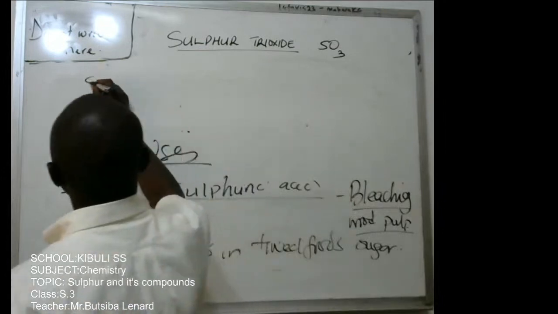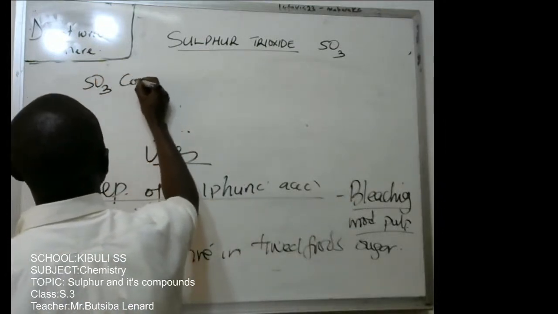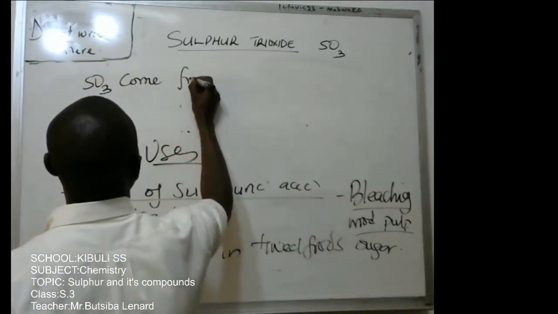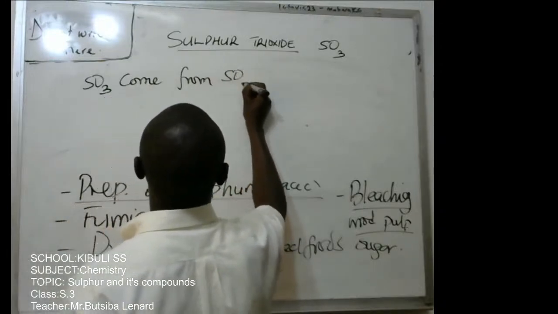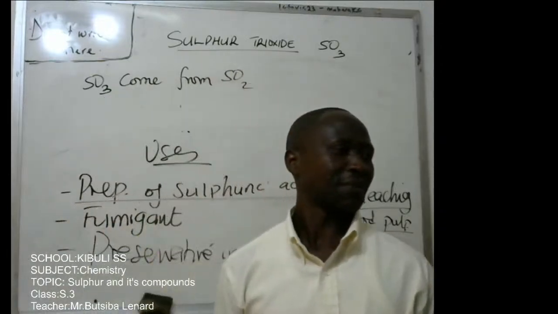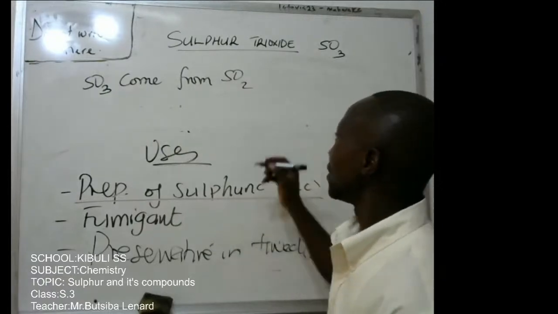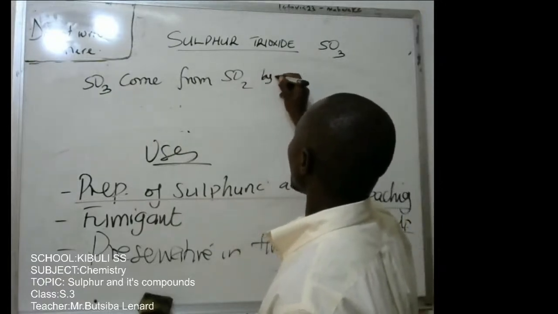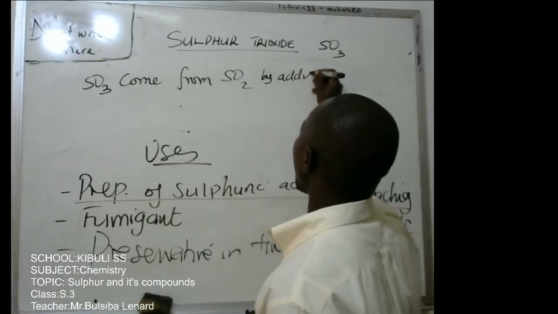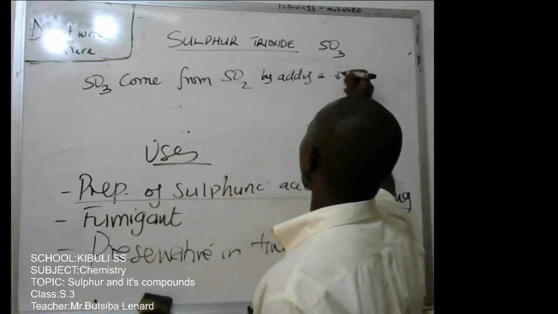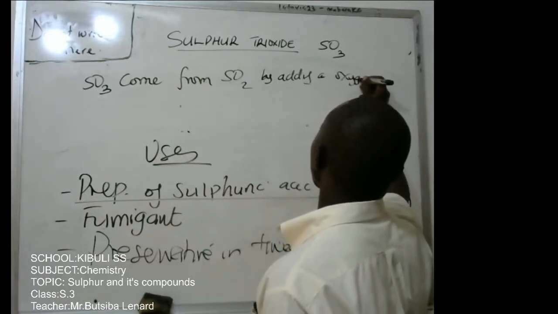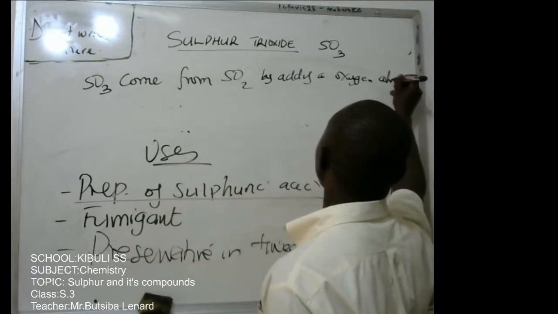And where does this SO3 come from? It's going to come from SO2. What does it mean? You have to add one what? Oxygen. So we are going to add an oxygen atom.